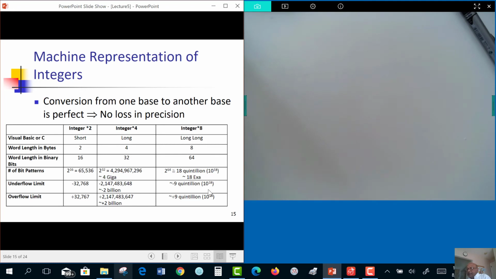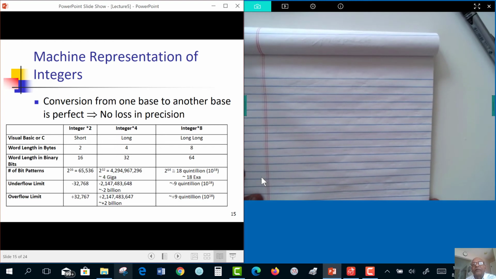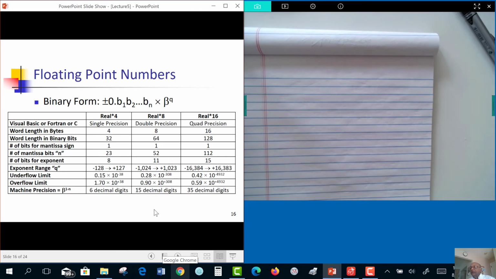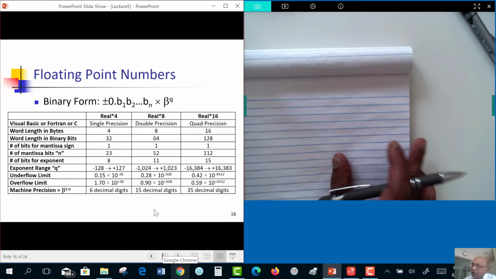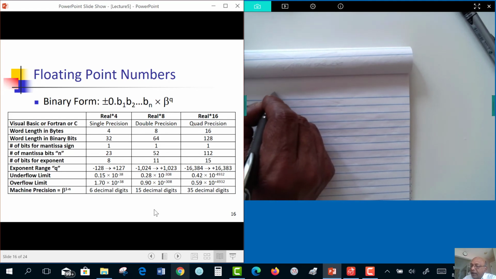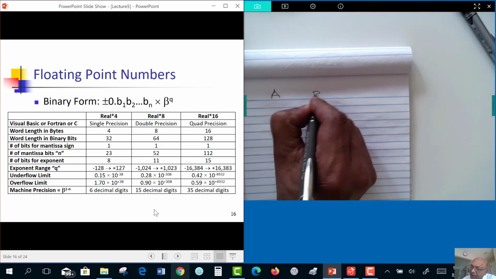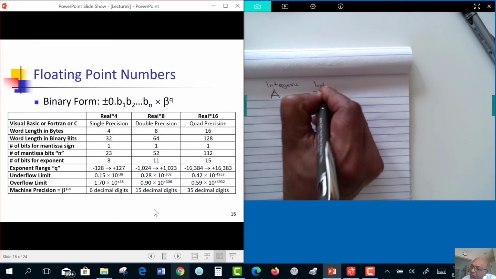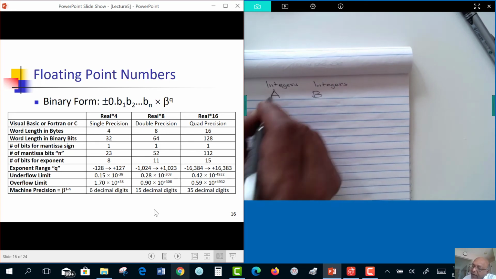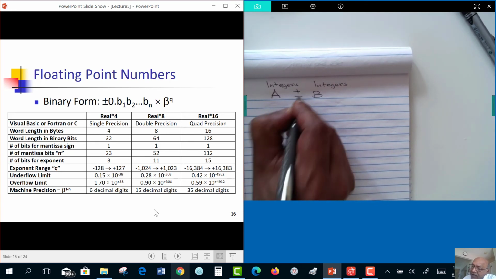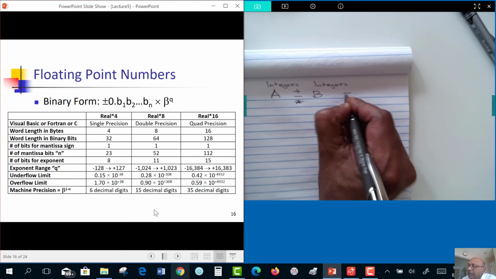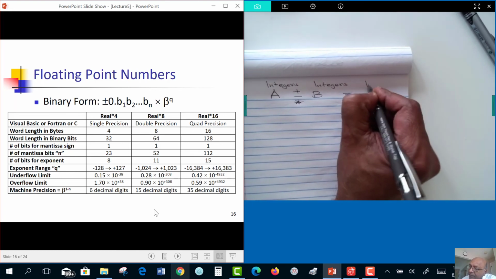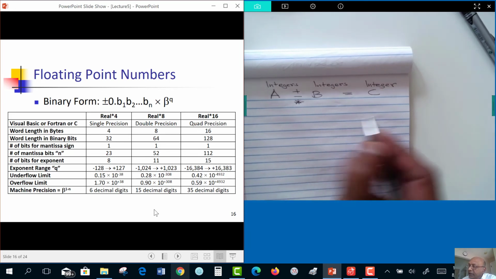Now the key idea in integers is, since we can store integers perfectly, there's no loss in precision. When we do arithmetic with them, that is also precise. So when we take A and B, if they are both integers, and we do all our arithmetic, add, subtract, multiply, and we get a result, the result is also an integer.